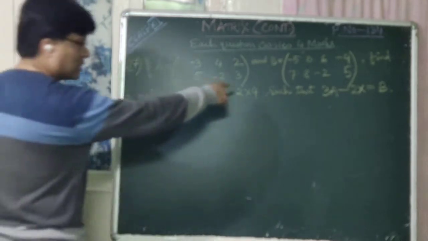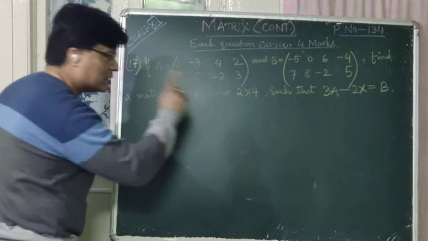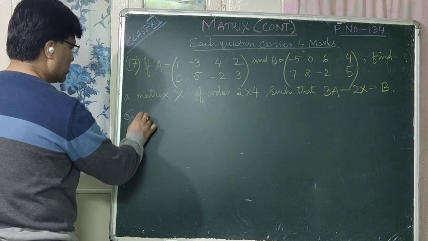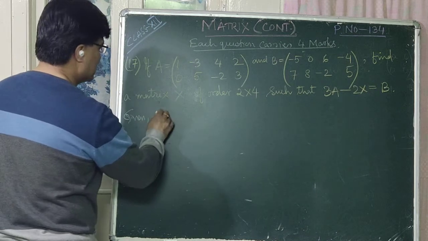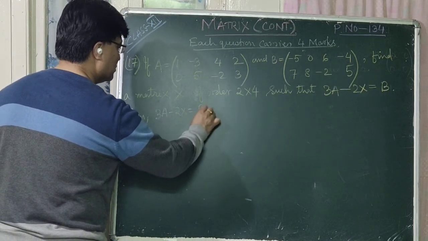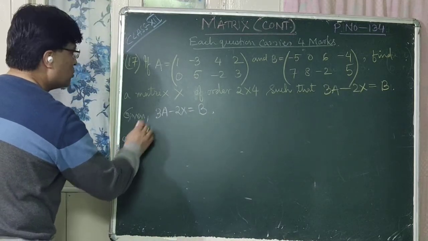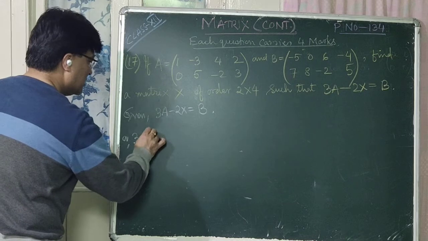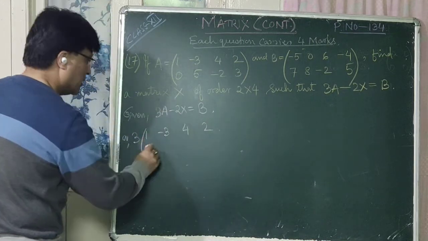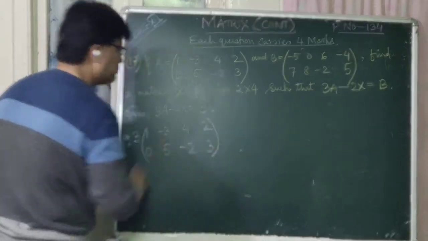Okay, so let us write down the given matrix equation. The given matrix equation is 3A minus 2X is equal to B, right? Or 3 into, what is A here? It is 1, minus 3, 4, 2, then 0, 5, minus 2, 3.